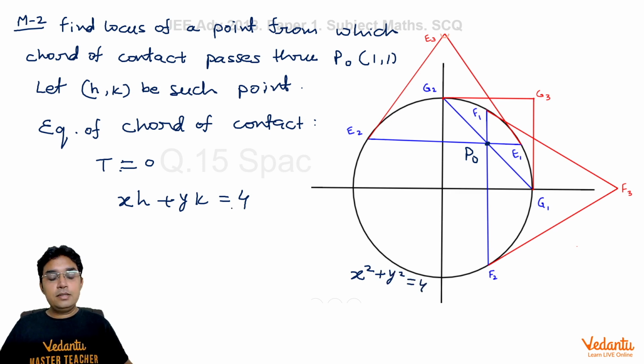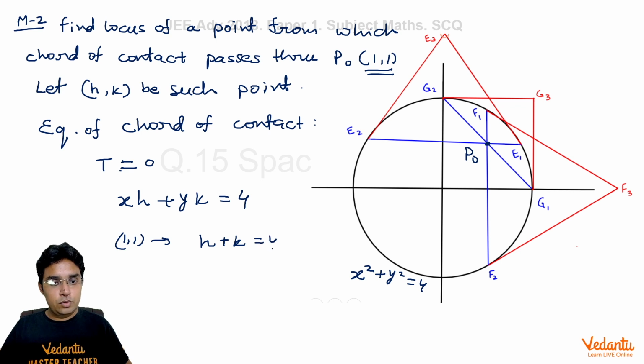Now on this chord of contact, we need 1, 1 to lie always. So if we put 1, 1, we will get h plus k equal to 4. So the required locus here would be x plus y equal to 4.